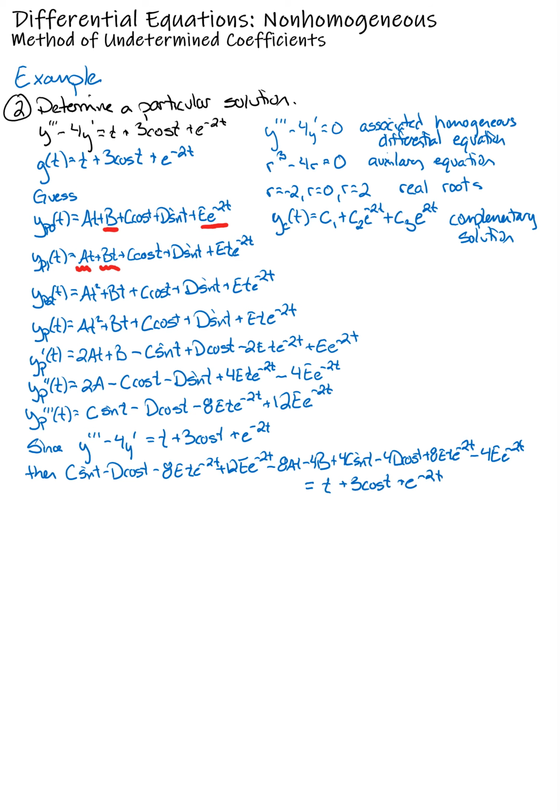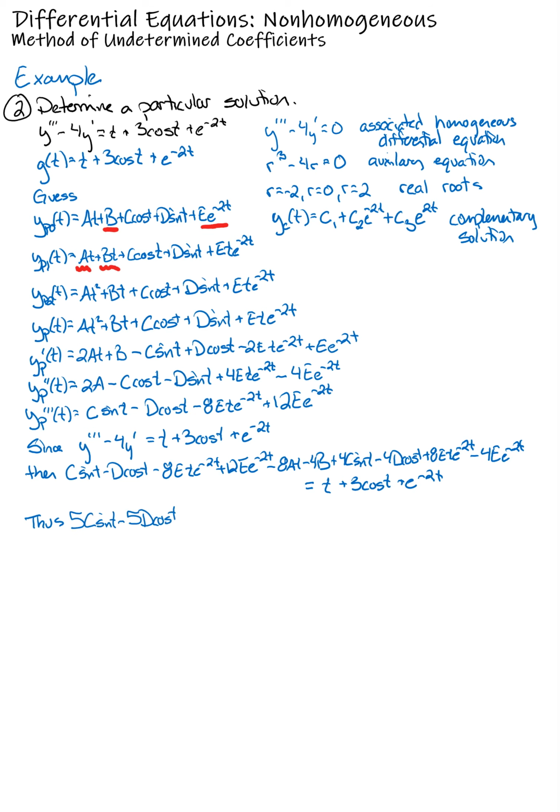Looks like we can combine some terms here, so let's do that. We have 5c sine t minus 5d cosine t.